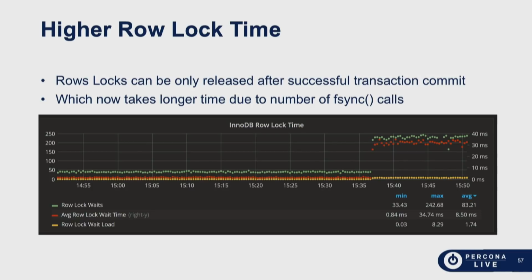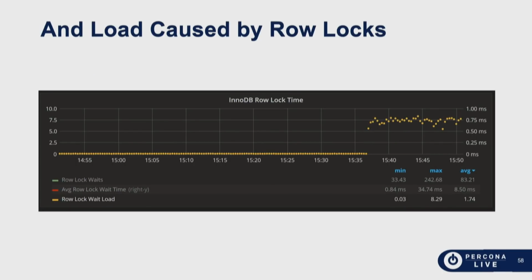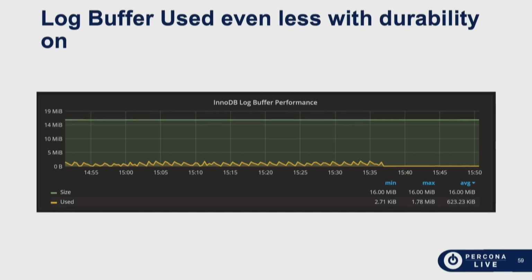And of course, the row lock wait is also high, just a little bit harder to see on this scale. But if we zoom in, we can see our load, which was pretty much nothing, is now getting to, on average, 7.5 transactions at a time waiting on row locks, right? Which is a lot.